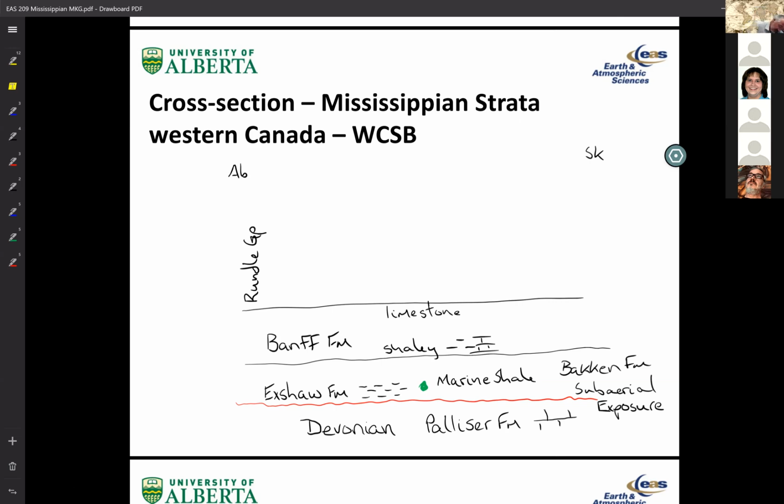And it's composed of 4 main formations, and it's normally viewed as the Pekisko, then the Shunda Formation, then the Turner Valley Formation. You know what that's named for, the Turner Valley.